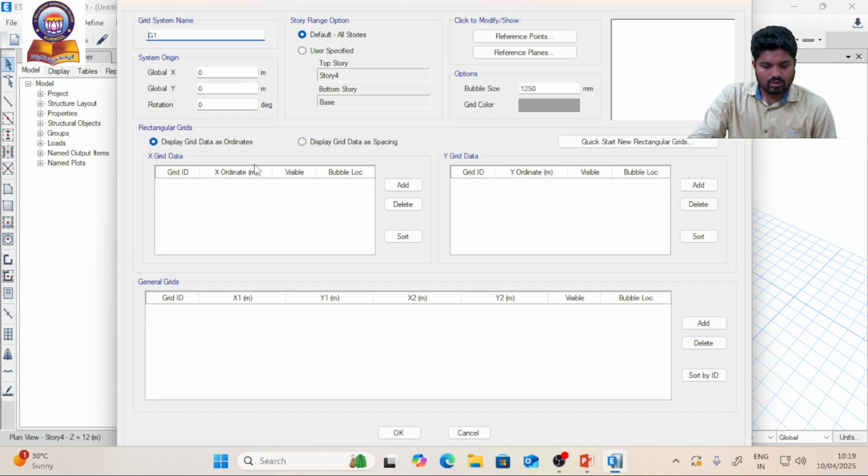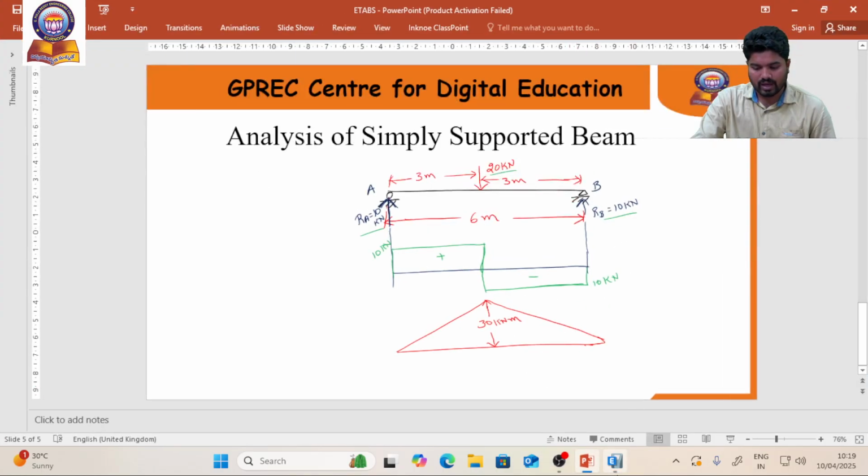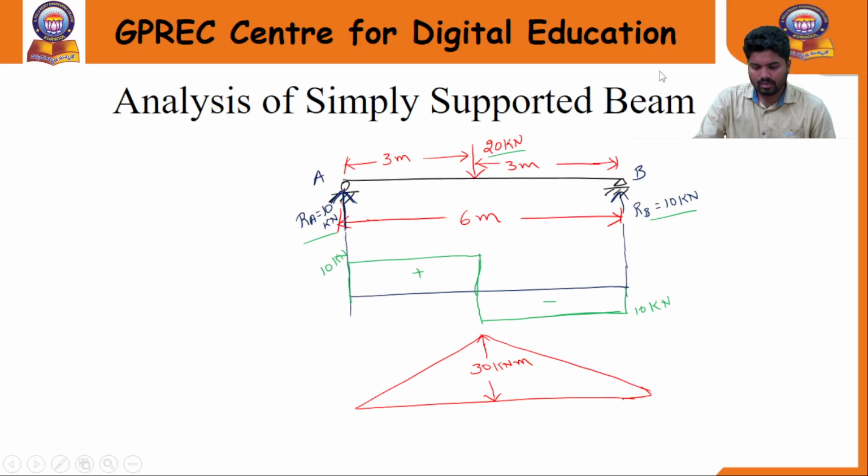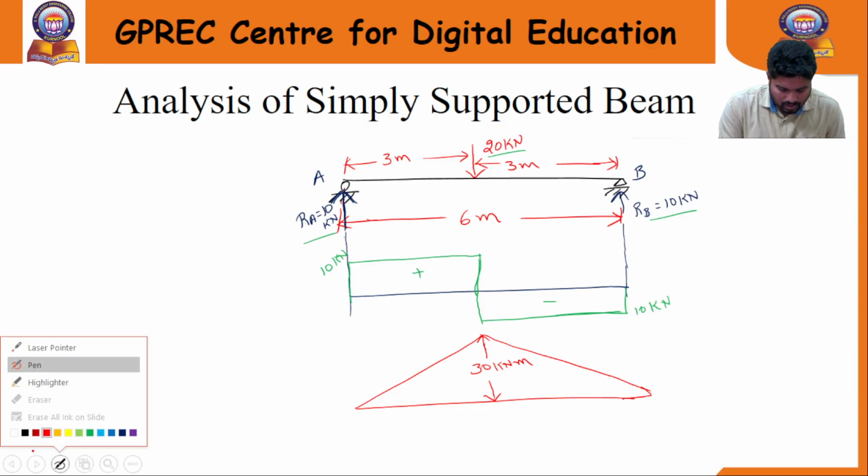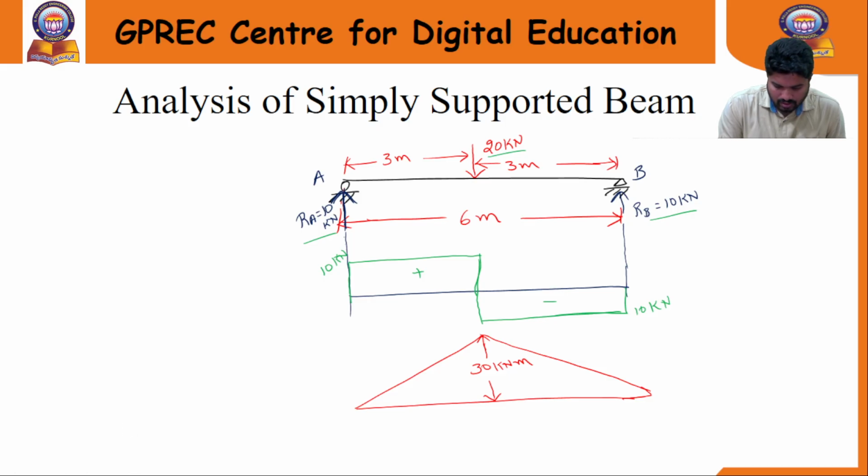Okay. So here I need to create grids. How we need to create the grids, I'll explain with the help of a diagram itself. Here you can see in the grid system, you can choose here.